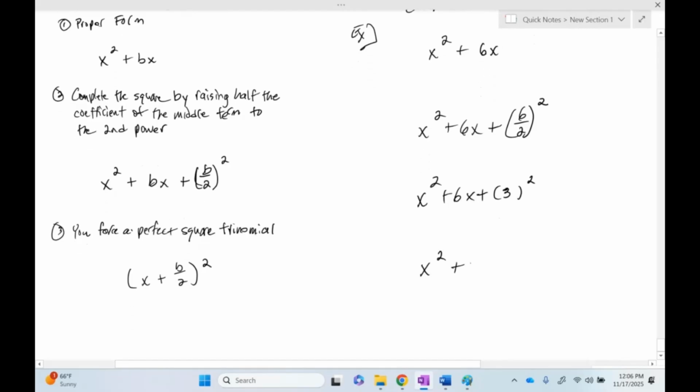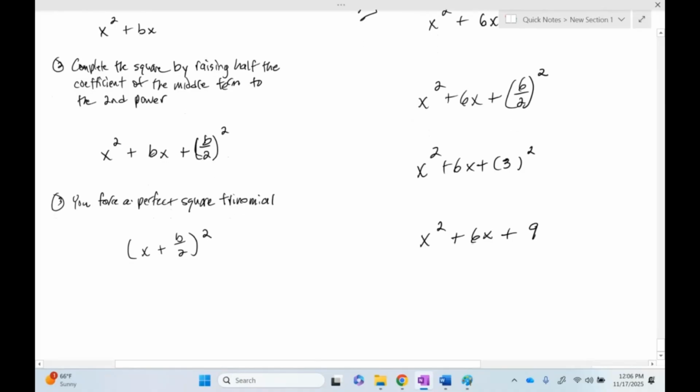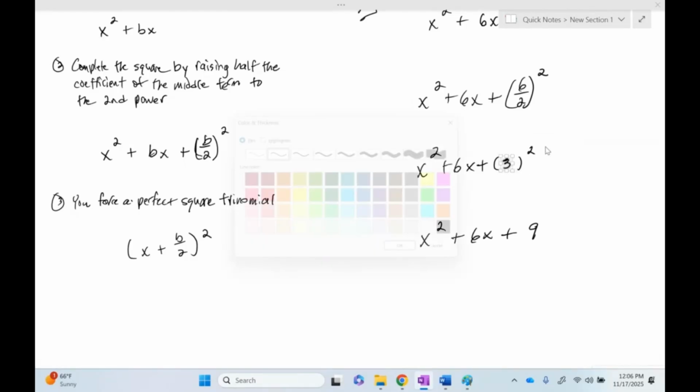So we get x squared plus 6x plus 9, right? I took half the coefficient of the middle term, so 6 divided by 2 is 3, and then 3 squared is 9.